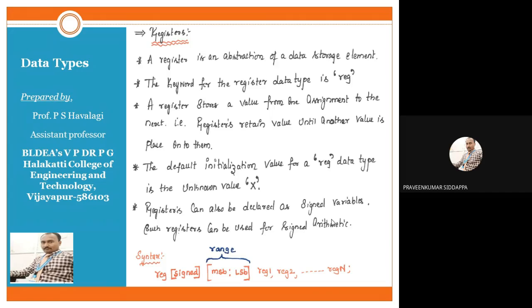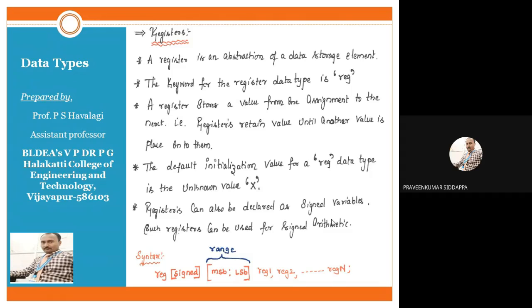So what is the standard syntax for writing the register data type? We have to use reg as a keyword. First, the register should always be defined with the predefined word reg. If it is a vector, then within the square brackets we have to mention the MSB followed by the LSB.